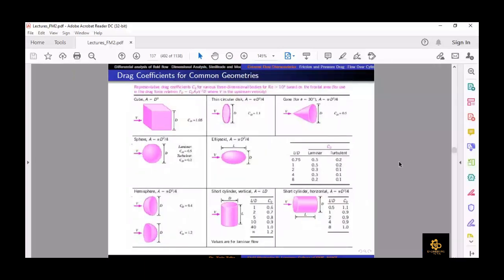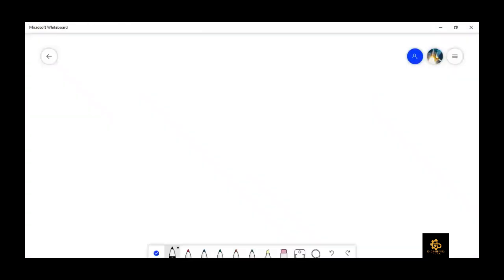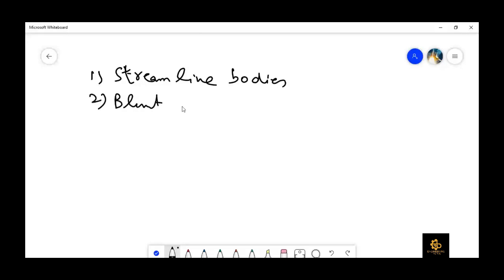Now in this class, we are going to discuss the characteristics of flow on different kinds of geometry. We are going to talk about two types of geometry. As I mentioned, one is streamline bodies, and the second is blunt bodies. In this we are going to discuss certain parameters, those characteristics which I am talking about.